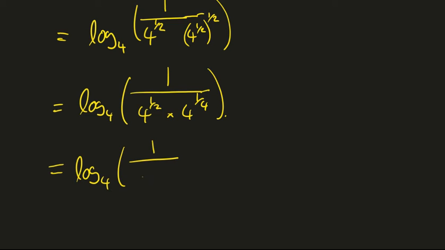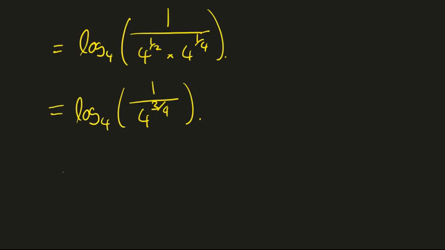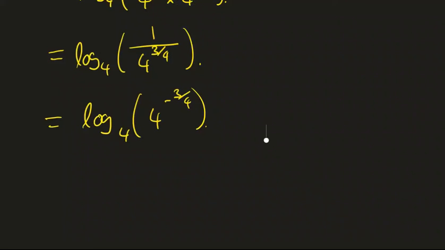Plus that extra quarter is 4 to the 3 quarters. So bringing it together, now that 1 at the top makes this a negative exponent. So we're going to have 4 to the minus 3 quarters. And so therefore our answer is just going to be minus 3 quarters.